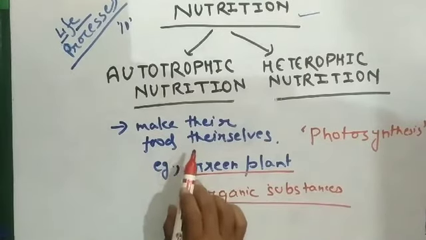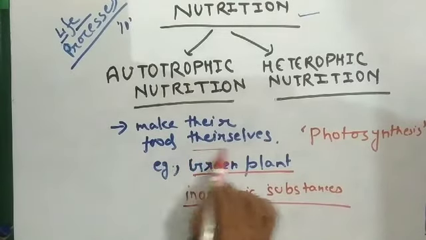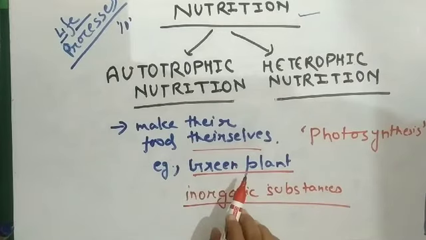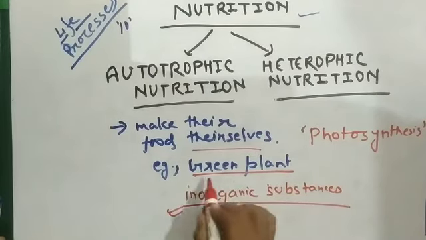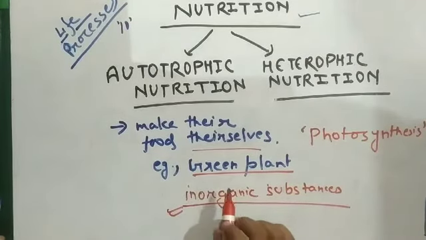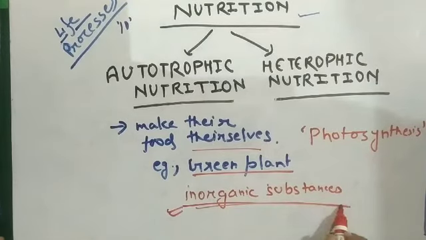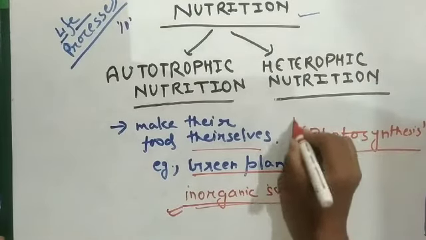In autotrophic nutrition, organisms make their food themselves. The examples are green plants, with the help of inorganic substances, and the process by which the green plants make their food themselves is called photosynthesis.